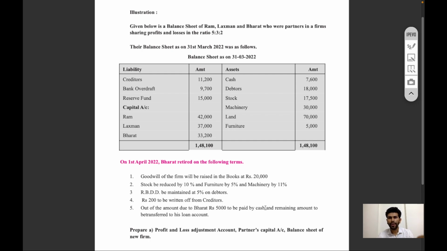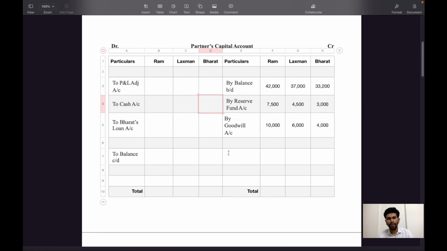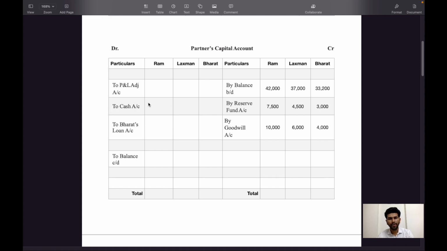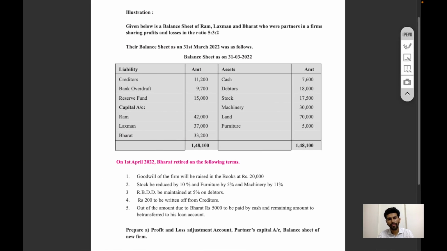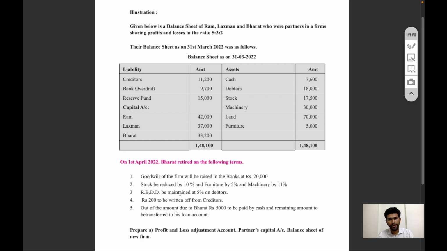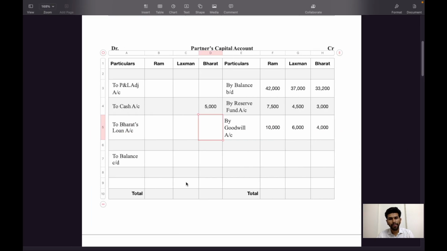We will write on the partners' capital account debit side to cash account in the column of Bharat 5,000 rupees paid in cash, and the remaining amount to be transferred to his loan account.